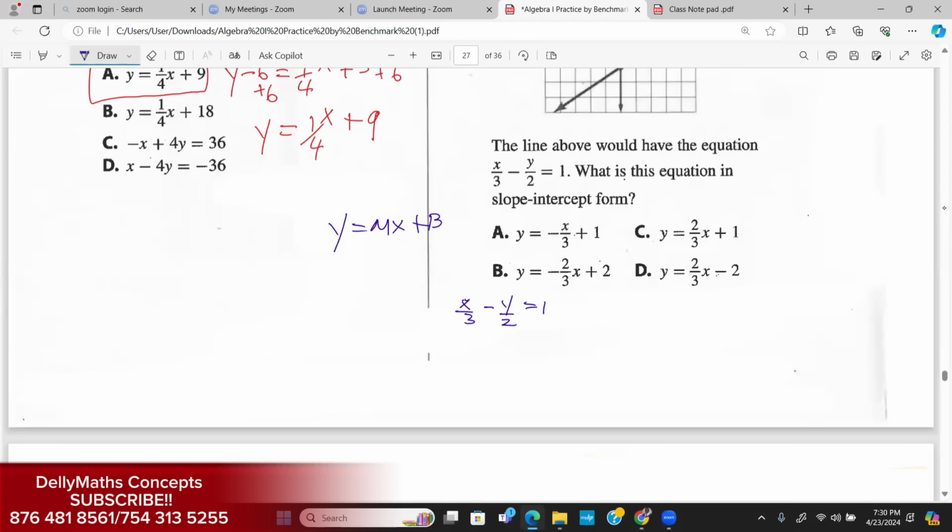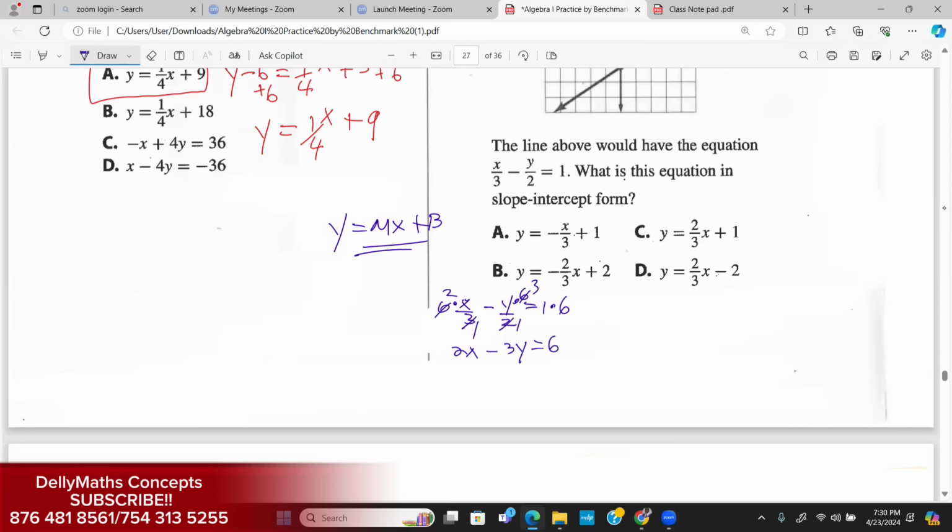So I'm going to multiply throughout by 6 so that I get rid of the fraction. When I do that, 3 into 6 is 2, so this is 2x. 2 into 6 is 3, so this is minus 3y. This is equal to 6.